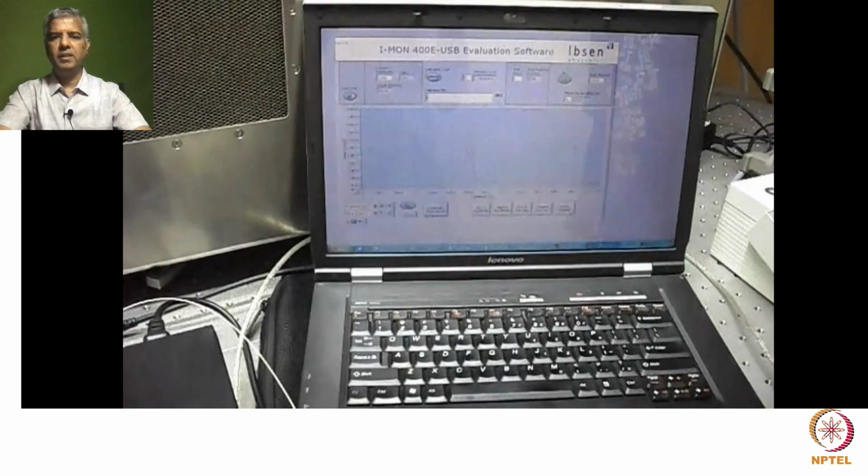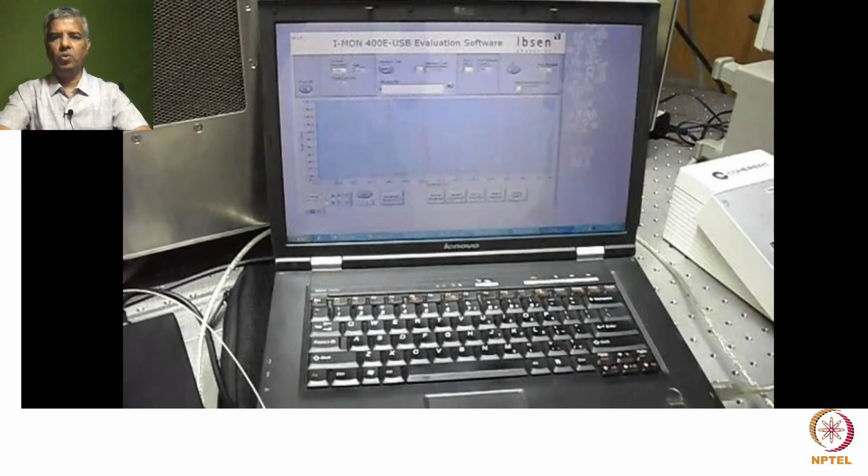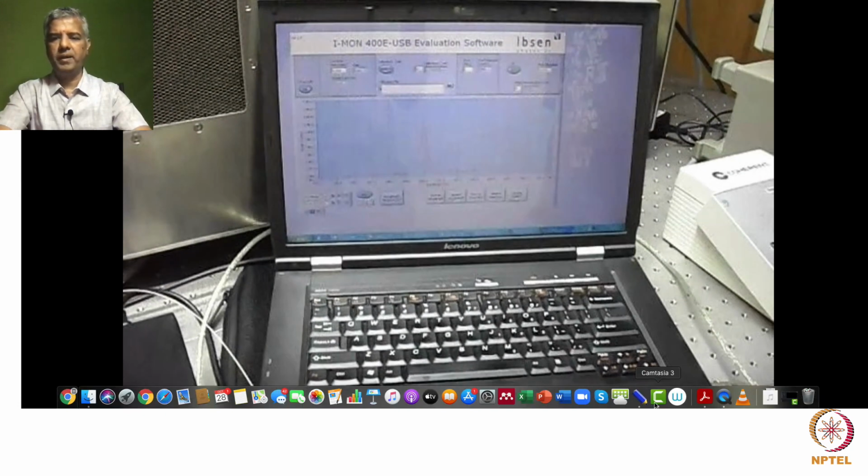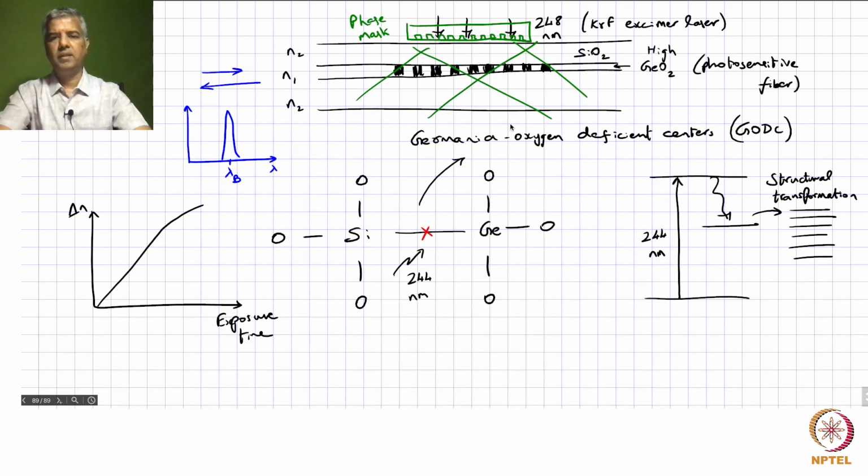Okay, so that is how these fiber Bragg gratings are fabricated in a real environment. And like I said, the longer the exposure time, the more the delta n, but it will saturate typically in the order of a minute or a couple of minutes. The delta n will saturate, and correspondingly the reflectivity that you can get from the grating will saturate at that point.